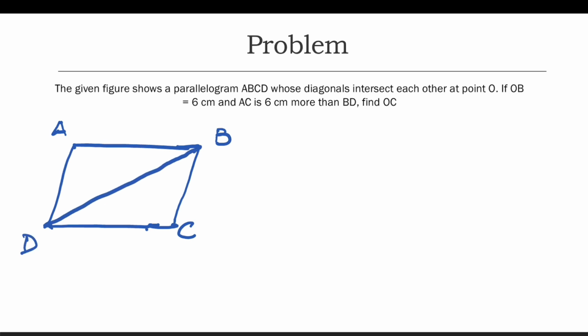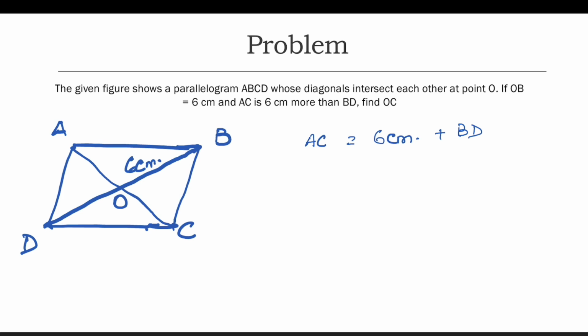Diagonals are intersecting each other at O. Now, OB we know 6 centimeter, and the second thing that is given is AC is equal to 6 centimeter plus BD.